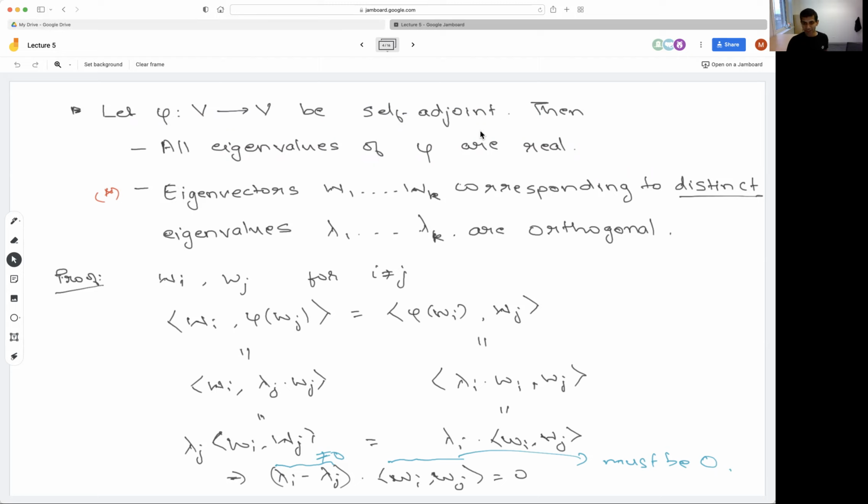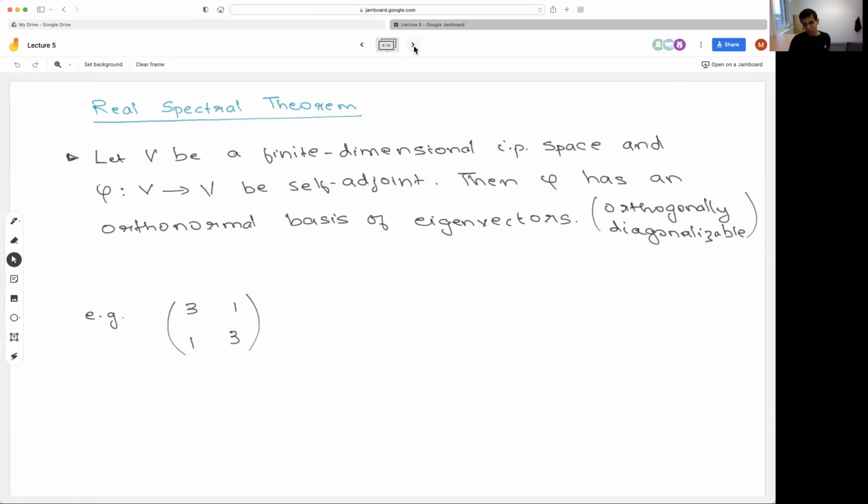You can look at the identity transformation, where phi of v is just v. You can find many different eigenvectors, all corresponding to eigenvalue 1. In fact, every non-zero vector is an eigenvector with eigenvalue 1. So it's not true that when you are working with orthogonal vectors, the corresponding eigenvalues are necessarily distinct. It's just that if they are distinct, the corresponding eigenvectors are orthogonal.